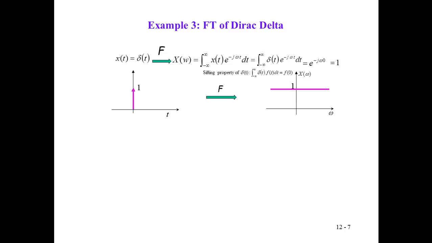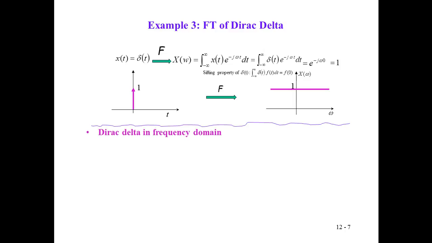And this kind of Fourier transform has applications in communication systems, such as white noise, which has such a constant spectrum for all frequency values.